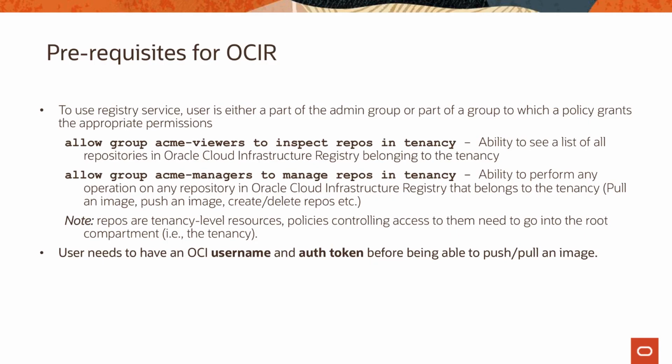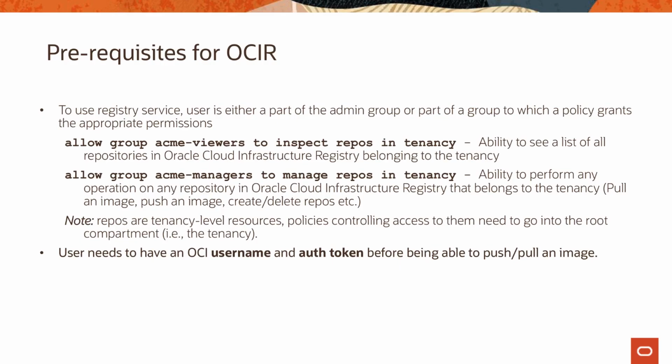So for instance, at the top we see the first example of allow group ACME viewers to inspect repos in tenancy. This just allows a user within the group ACME viewers to only have inspect level access rights on the repos within the tenancy. And the second one, where we are using a verb of manage, allow group ACME managers to manage repos in tenancy. It allows you to perform any operation on the registry repos because it's giving you complete authority.